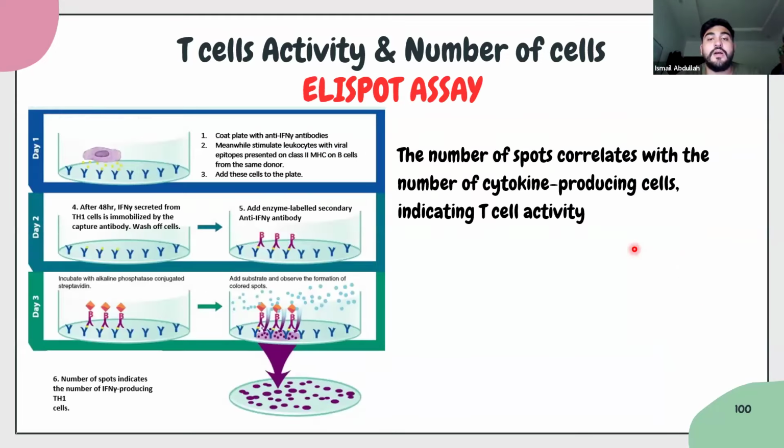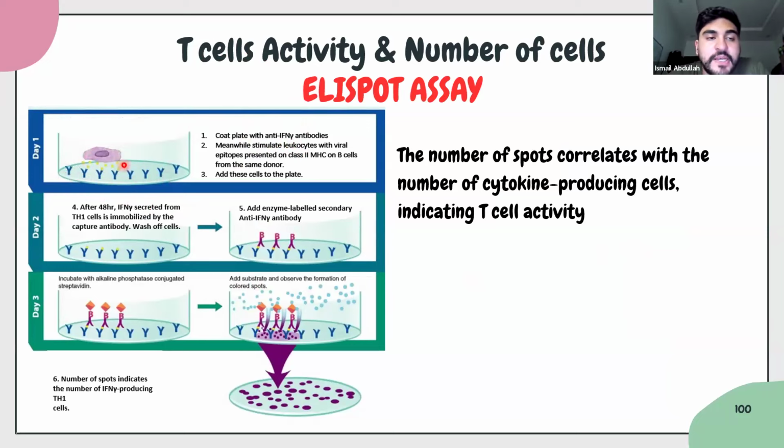ELISpot assay. Usually they would have a plate coated with antibodies against a certain cytokine or transcription factor. For example, here we have interferon gamma. This plate is coated with anti-interferon gamma antibodies, and then they get the cells from the blood.